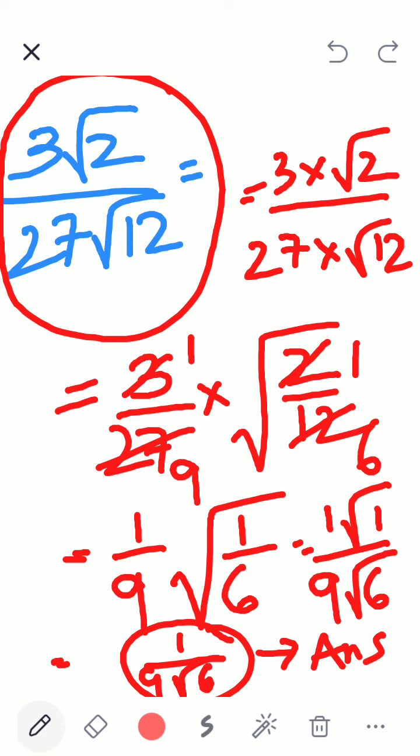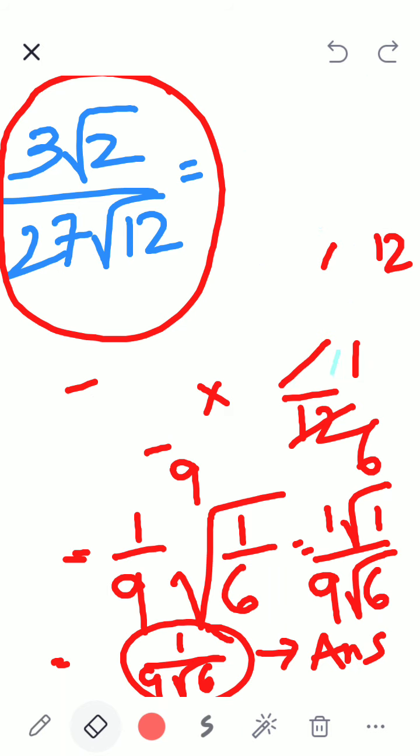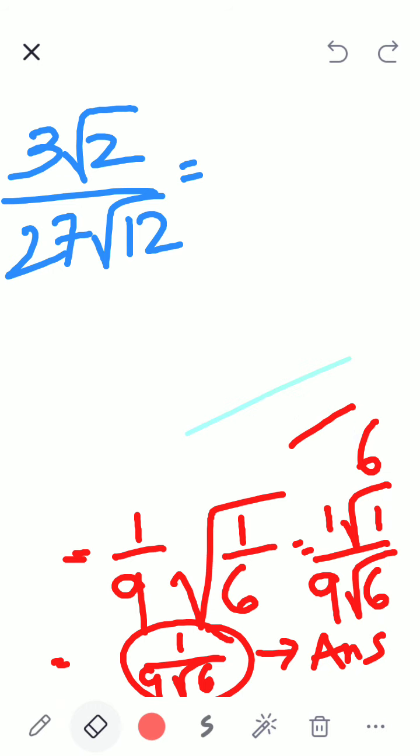This one? Correct. Why will you add? It is multiplication, no? Okay. Very good. Please answer, Subhashri.